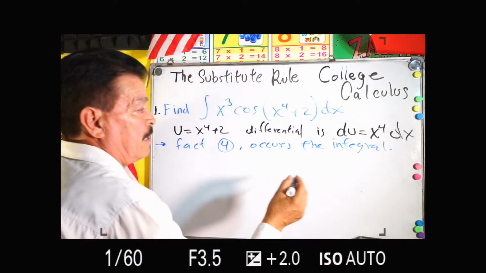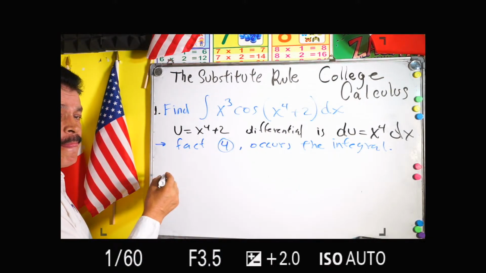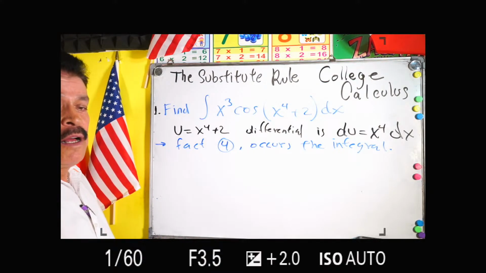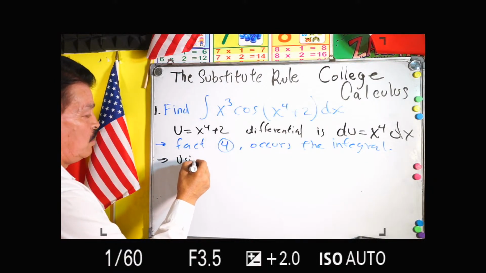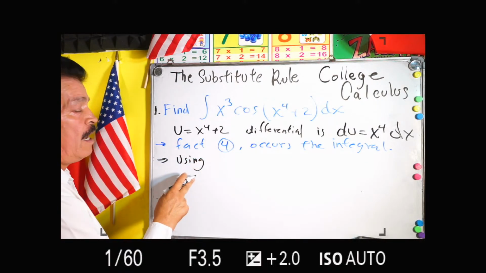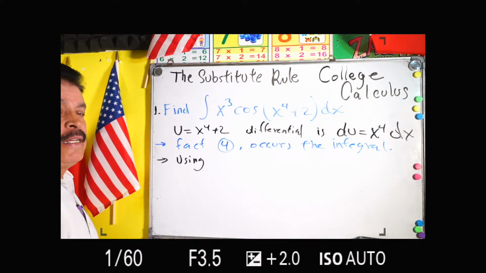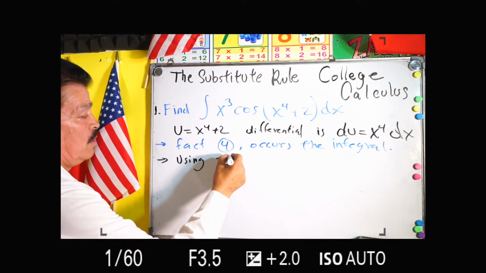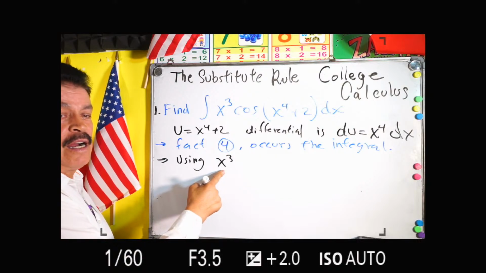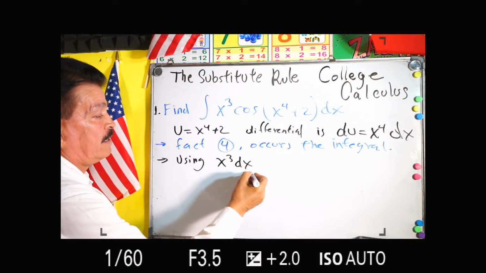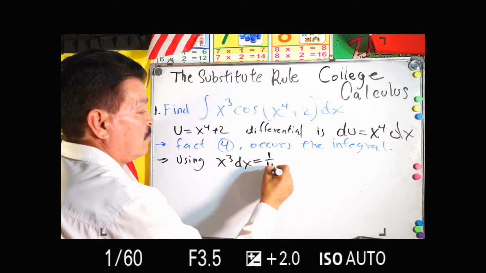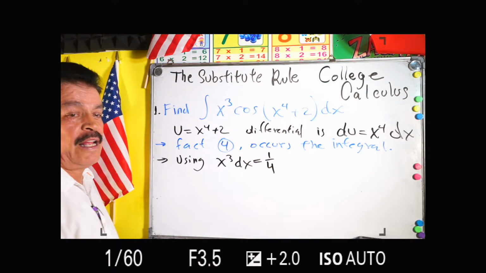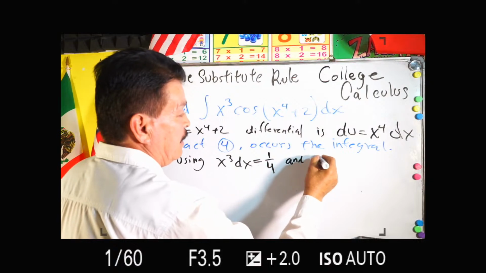And this way, using it, x to the third power differential of x equals 1/4 du.